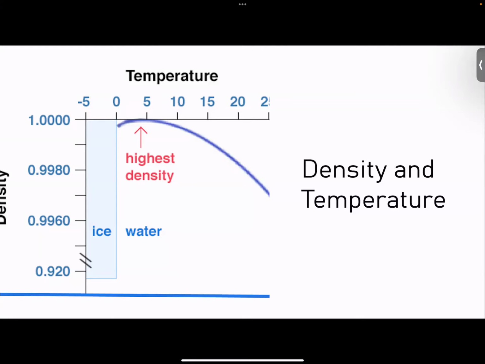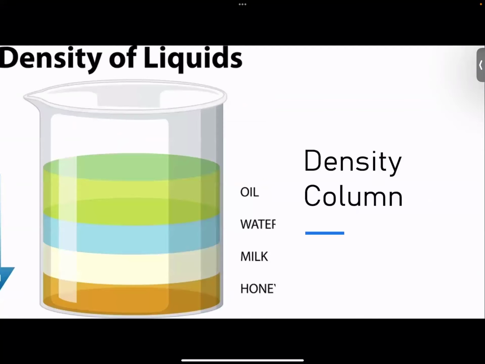As the temperature increases, the density decreases. Now, density can also be used to create a density column.